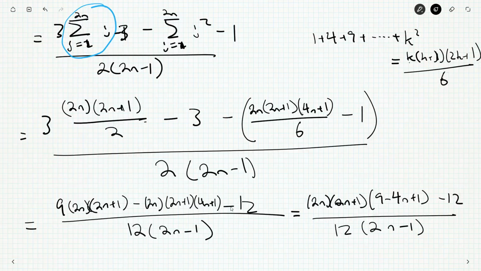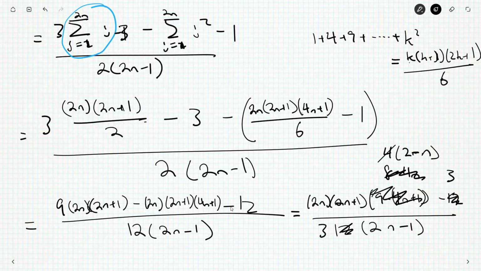So 9 minus (4n plus 1) is really just going to be 8 minus 4n. You can take out a factor of 4 there, so 2 minus n. Something like that. And then I can at least divide by 4s. So 4, that becomes a 3, that becomes a 3.